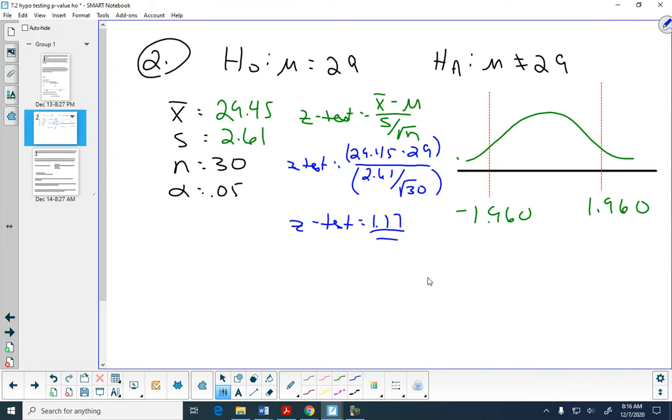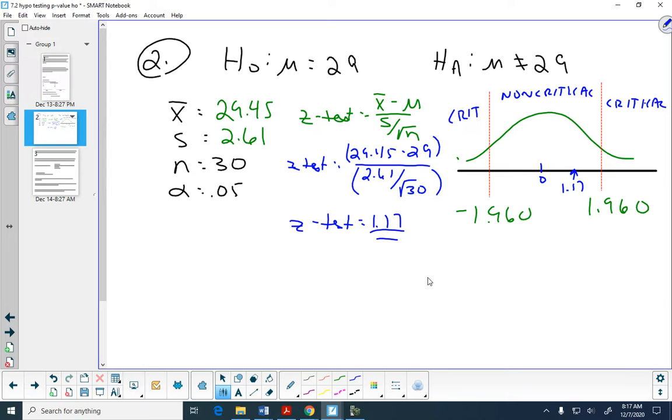So we have a test value of 1.17. And if we take a look, here's our 0. 1.17 will be somewhere in this range. Now this is a non-critical region, and these two regions are your critical regions.